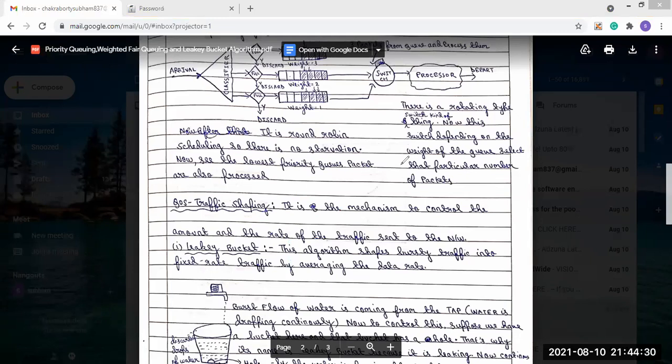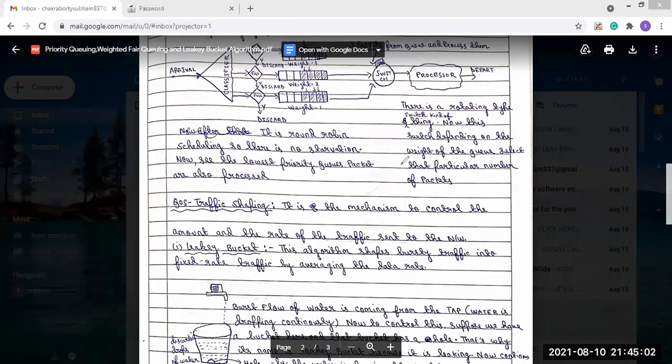That means it is used to control the rate of the traffic, the rate of the packets, that is, the flow of packets or the flow of data sent to the network. To control that, we use quality of service traffic shaping.